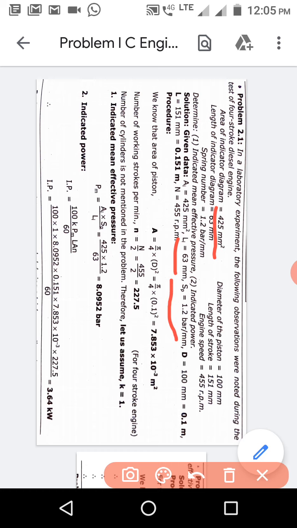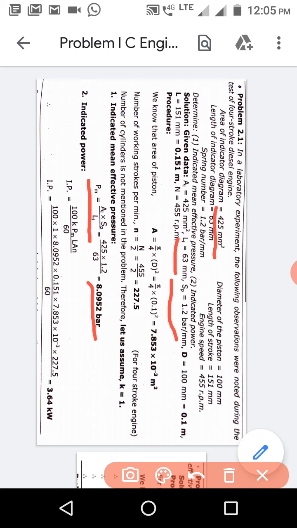From this data we have calculated the indicated mean effective pressure. We put all these values in the formula, area of the indicator diagram divided by length of the indicator diagram into spring constant. So we got the indicated mean effective pressure equal to 8.09 bar.